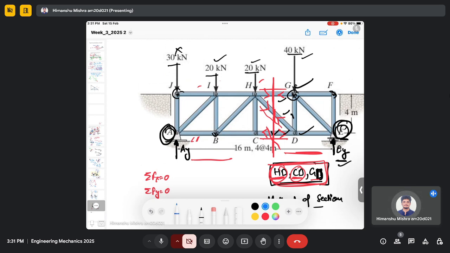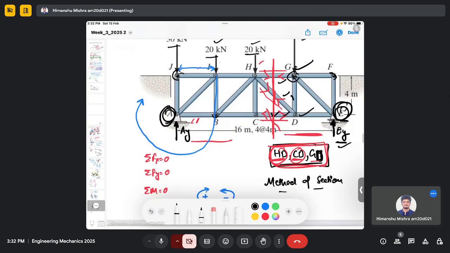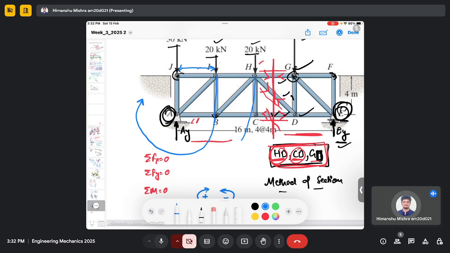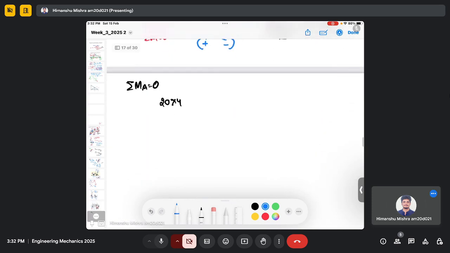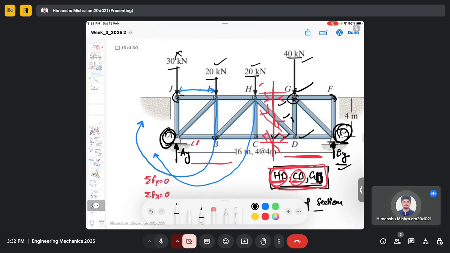So you can see that the 20 kilonewton force has a perpendicular distance of this, which is 4 meters, and it will rotate in a clockwise direction about point A. So if I consider clockwise rotation as positive and anti-clockwise as negative, I will have 20 multiplied by 4, and this force also has a clockwise rotation about point A, so it's plus 20 multiplied by the perpendicular distance, which is 8 meters, and the same can be concluded with this force.